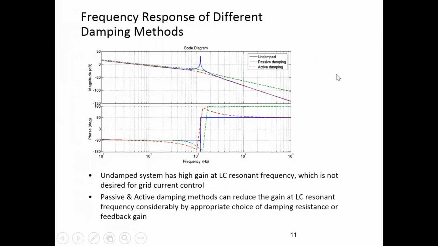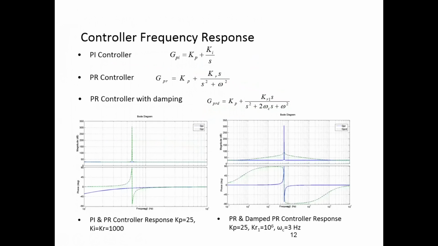So obviously, in electrical engineering, we always start off with a Bode diagram, and we try to understand where the problem space is in terms of frequency, and then we try to play around with our controllers. We are walking through the different types of controllers that we traditionally play around with: PI, the PR resonant controllers, and embedded with damping.